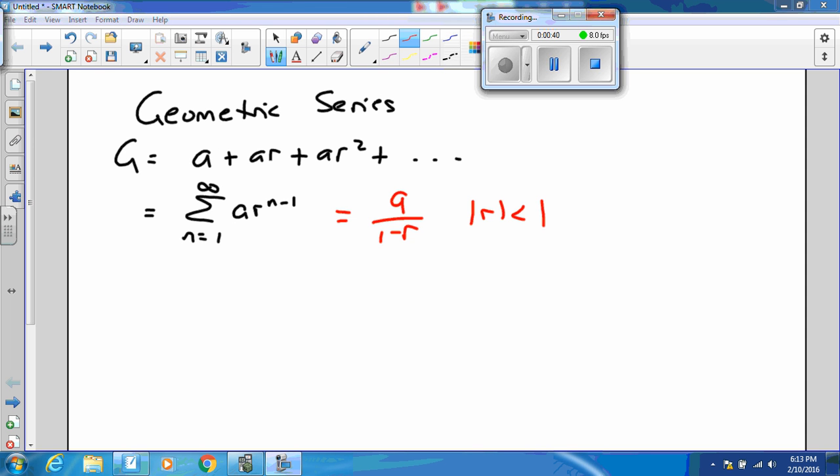But otherwise, the series will diverge if the absolute value of r is greater than or equal to 1.